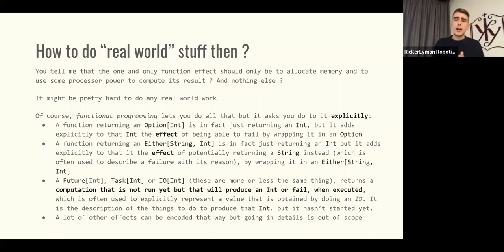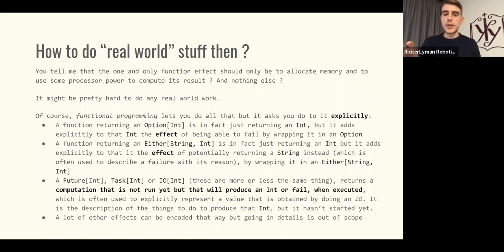So you can ask how I can do real world stuff then, if I'm restricted from using any kind of side effects. The thing is that in functional programming, it's not denied to do these operations with input, output, for instance, or modifying memory. You just need to do this explicitly. For instance, when we changed the definition of our last function that I showed you, we did something explicitly.